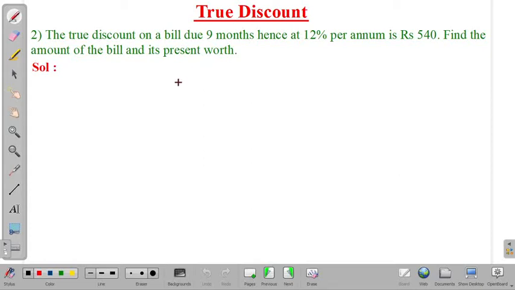Okay, so we will assume let the amount be rupees x.